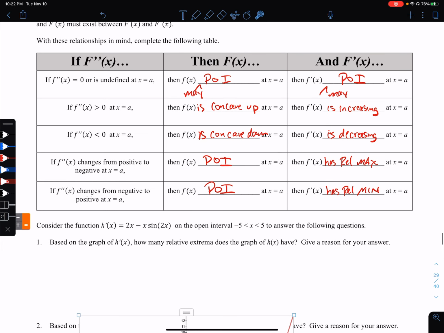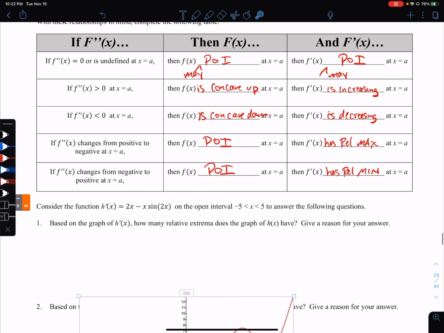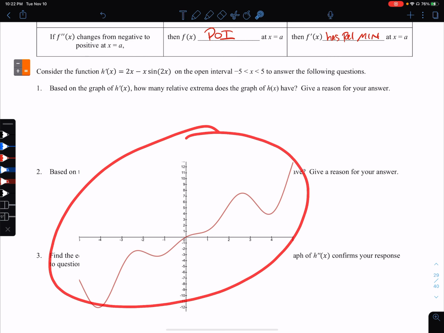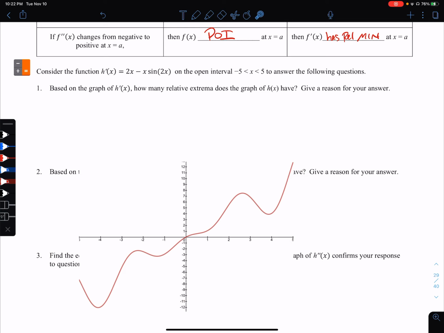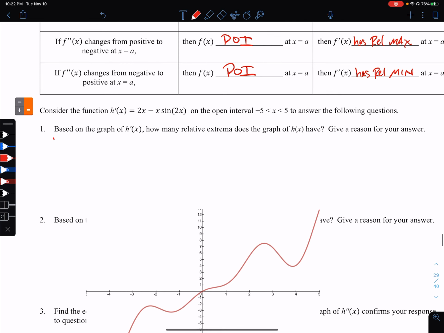Well, looking up here, if we want relative extrema, we want to look at how many times this graph crosses the x-axis. It crosses the x-axis once. So in other words, h prime of x is equal to 0 one time.